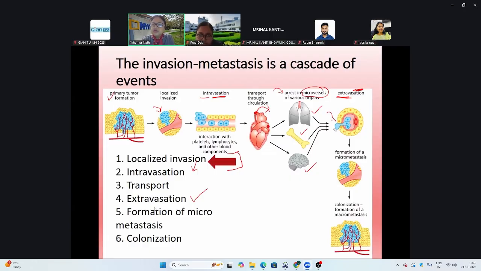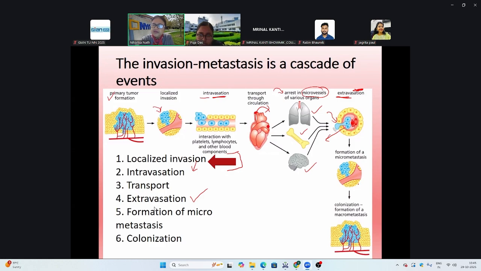I want you to take a look at this very carefully. What's happening here is that the cells are modifying their shape in order to come out of the blood vessel and into the tissues.